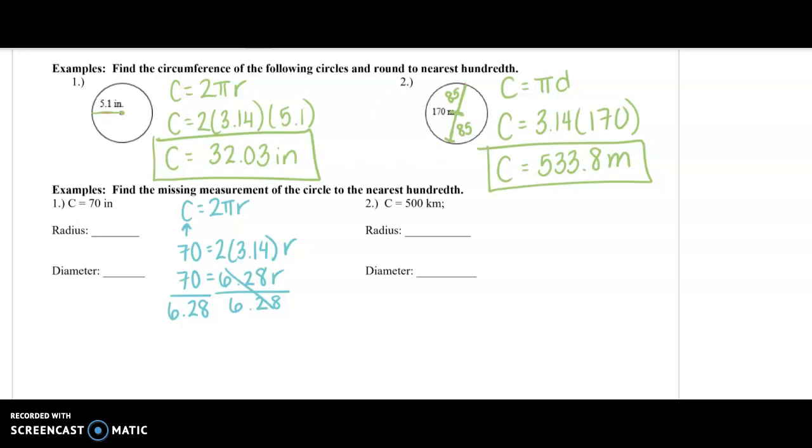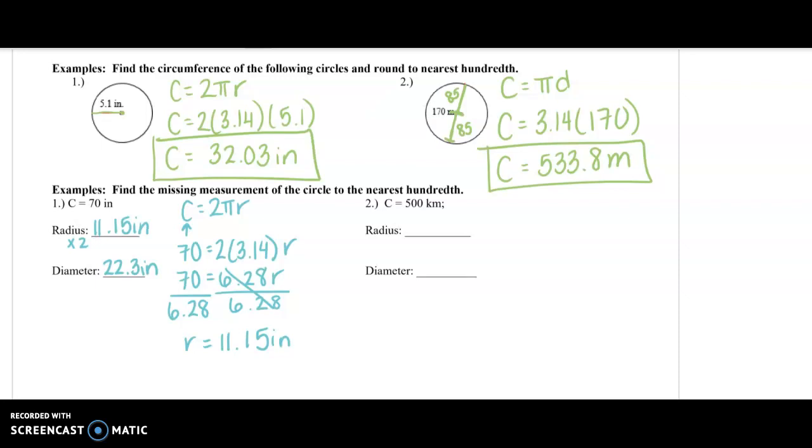And you would end up with, rounding to the nearest hundredth again, your radius is 11.15 inches. Your diameter, you always multiply the radius by 2. So multiply 11.15 by 2, and you would get 22.3 inches for your diameter.